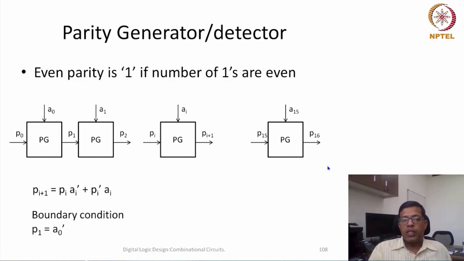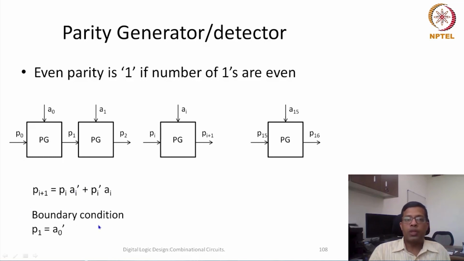Now what about the boundary conditions? In case of boundary condition, we have to consider whether the number of bits was even or odd, because 0 is considered even in case of binary. So we have to say that the previous parity p0 is 1, so that means my p1 is going to be a0 dash.